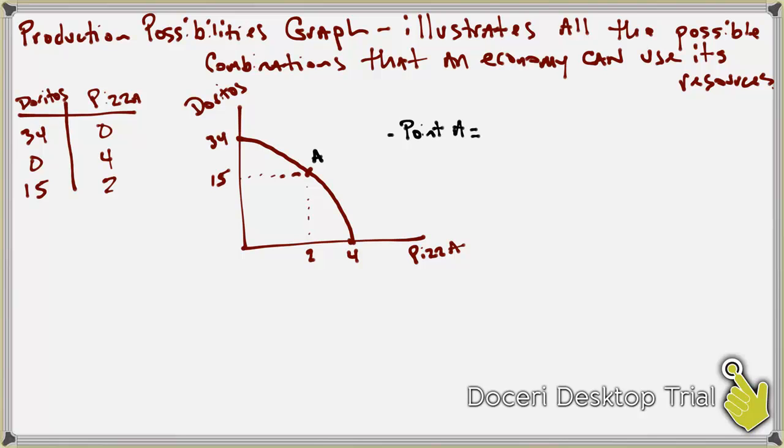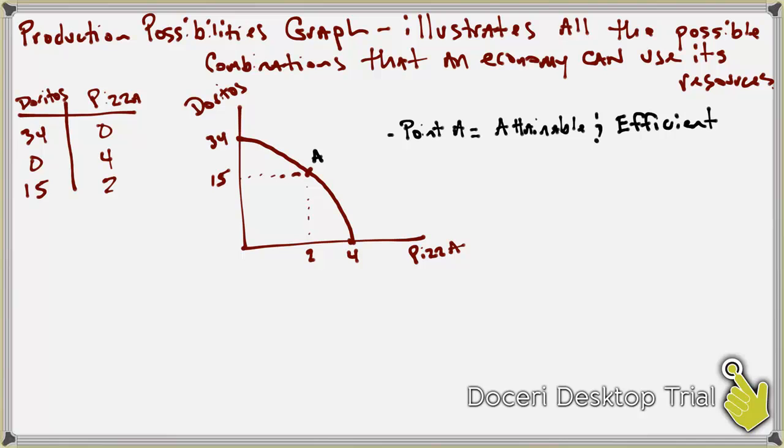So we would say then that point A is attainable because we know that we can produce that many Doritos and pizzas, and it's also efficient. Attainable and efficient.